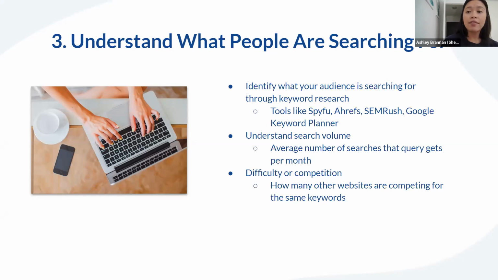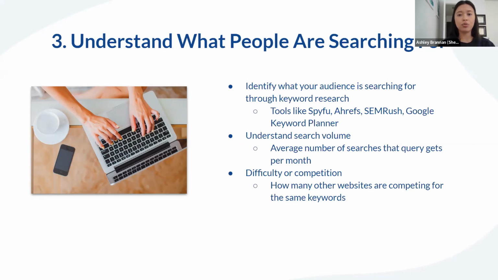It requires identifying what users are already searching for and optimizing your website to appear for those specific queries. And in order to do this, you'll need to think about what types of queries and topics your target audience may be searching for.